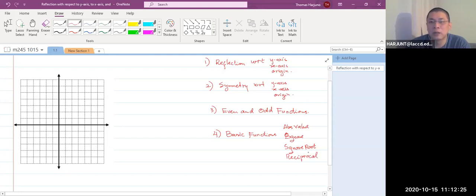Now then, if we have a chance, then we will do transformation. Seems like we will do a lot today, but each of them are actually quite small.